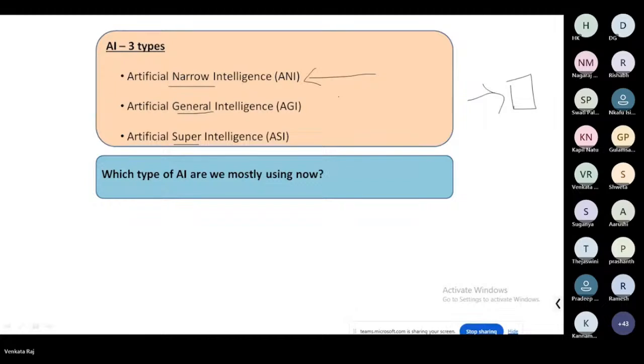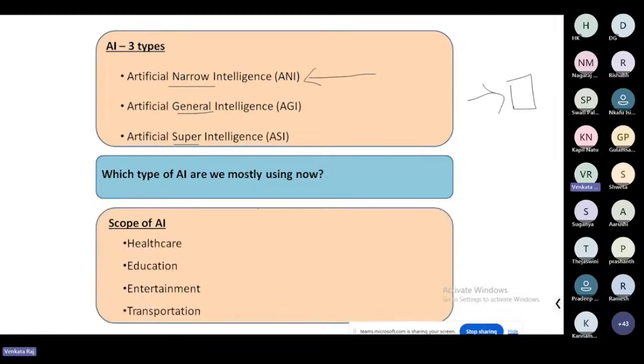The scope of AI is in the field of healthcare, education, entertainment, transportation, and many other fields. It is not confined to a particular area.